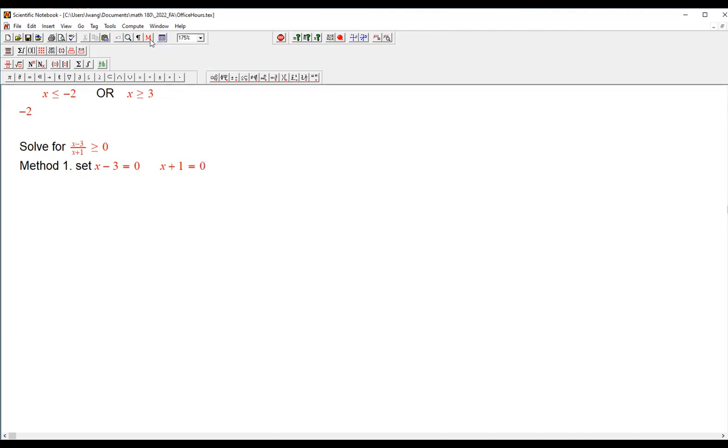The purpose of this step is to identify points where a sign change may take place. It sometimes takes place, sometimes it doesn't. So from the first one, of course, we get x equals 3.